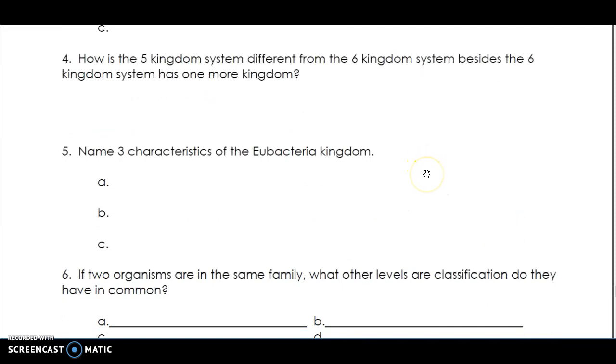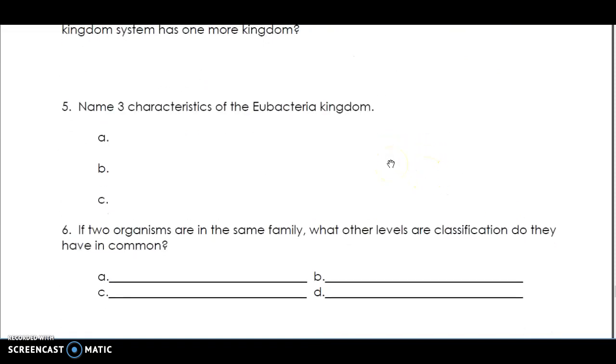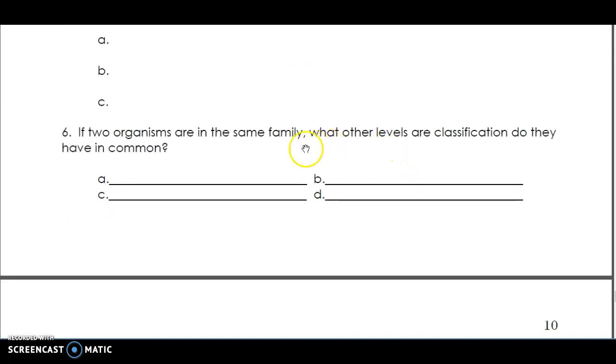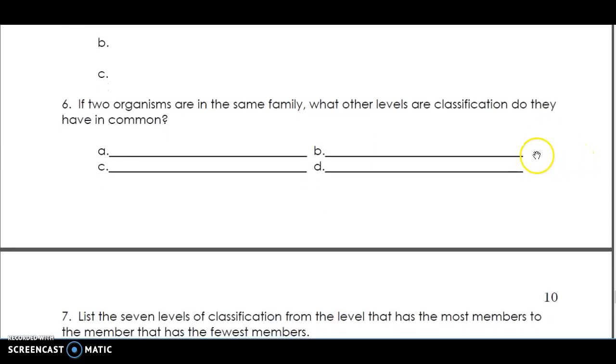Question number 5, name 3 characteristics of the eubacteria kingdom. 6, if 2 organisms are in the same family, what other levels of classification do they have in common? So there are 4 other levels of classification that they have in common if they're in the same family.